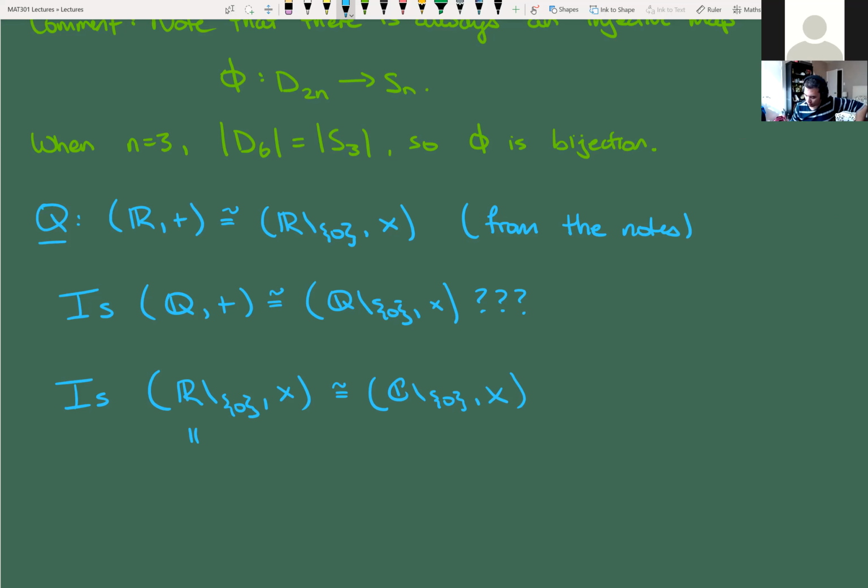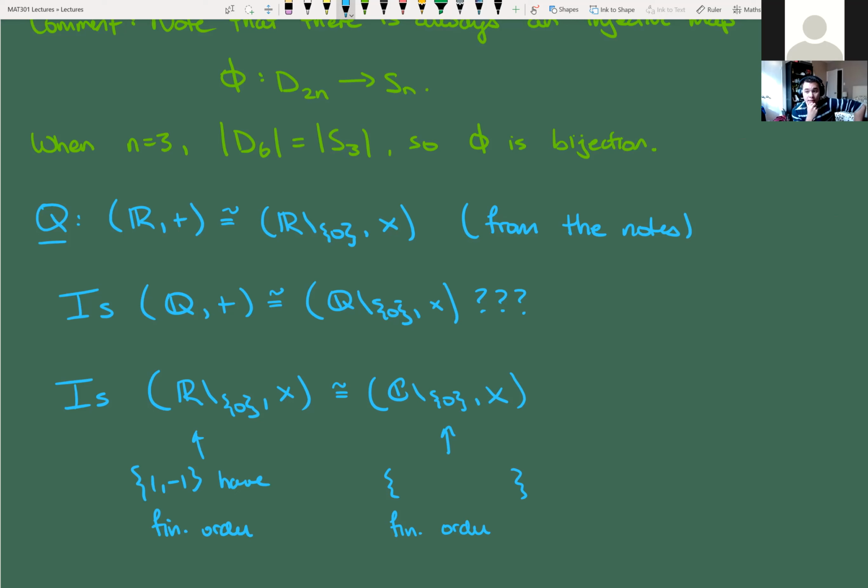Okay, so those are the things of finite order. What are the finite order things in C? Well, actually, there are a lot of them, so maybe that's not fair of me to ask.